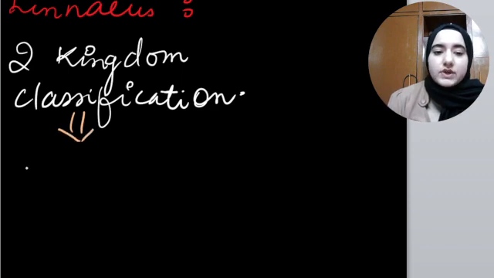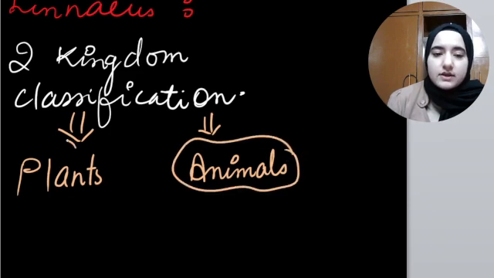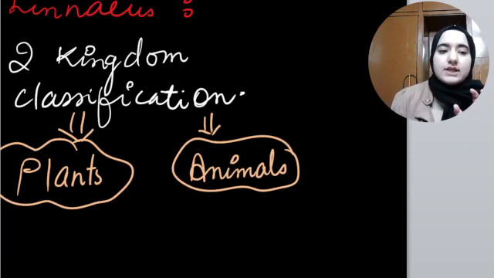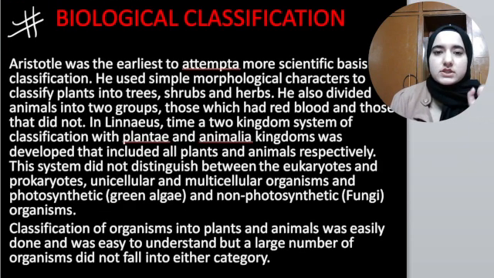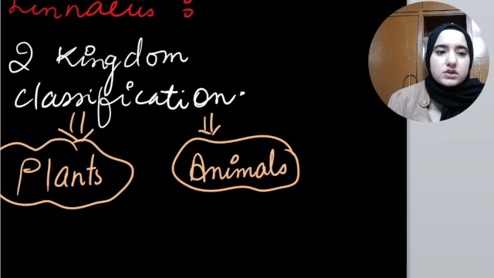In his classification, he classified into plants and animals, okay? Plants and animals. But again he only classified into plants and animals on the basis of external characteristics, on the basis of morphology, okay? He didn't distinguish between eukaryotes and prokaryotes, right?